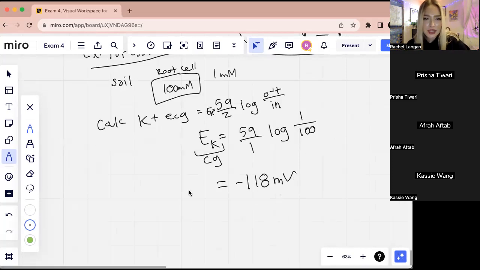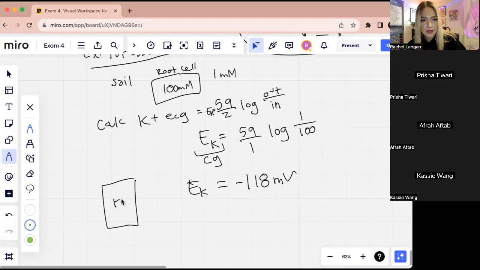Okay, so that gets you the E equilibrium potential or the concentration gradient. So what is the ECG? What I like to do whenever I'm doing this is imagine that I'm a little potassium ion in the cell, or maybe out of the cell. Either way, as a potassium ion, I want the membrane potential to equal negative 118.